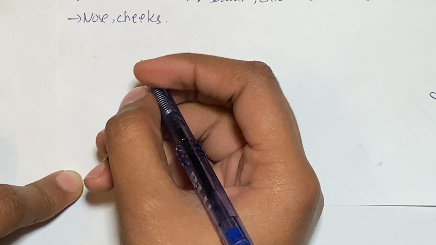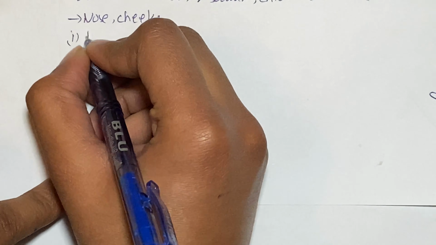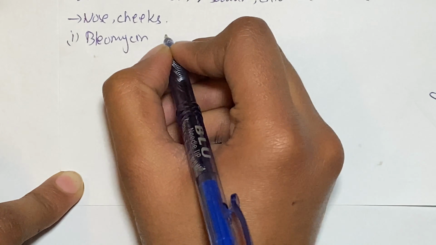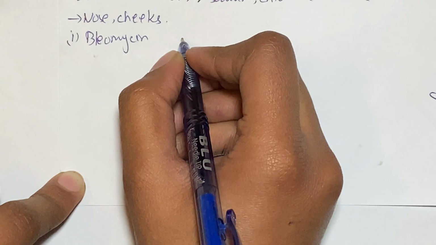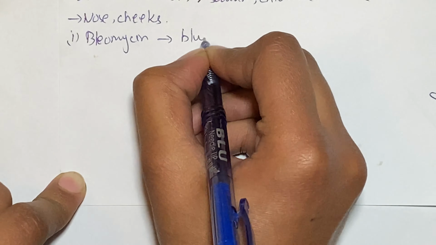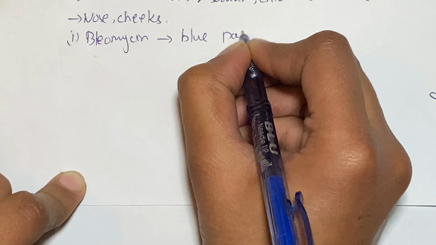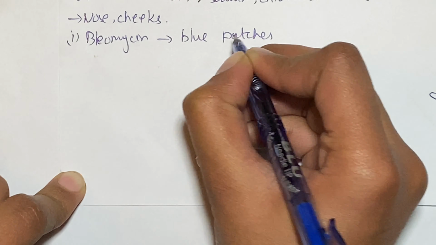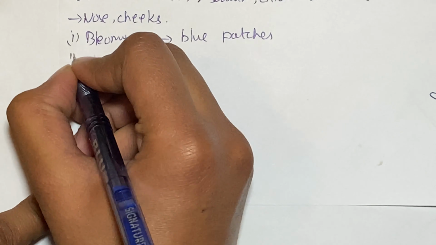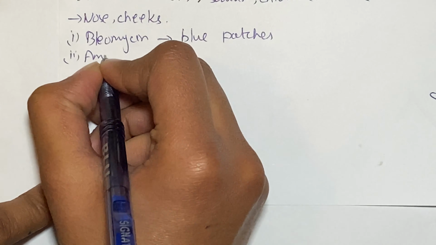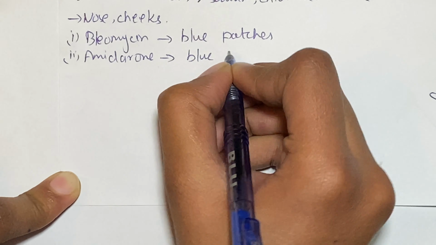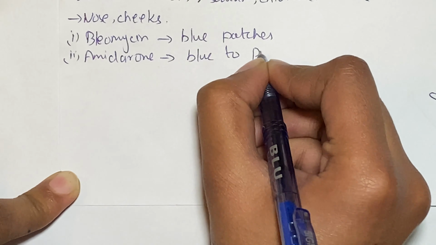If we talk about some of the examples of agents which have the ability to cause these kind of changes, it includes bleomycin, which is chemotherapeutic agent, and it causes blue patches on the skin. Other than that, amiodarone, which is antiarrhythmic drug, it can cause skin to have blue to gray pigmentation.